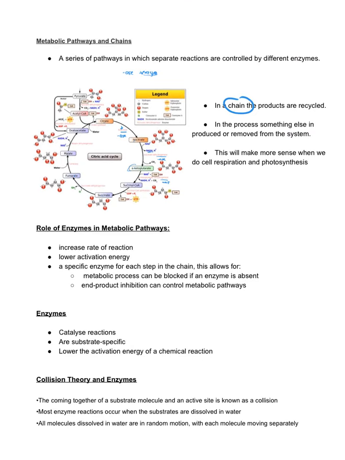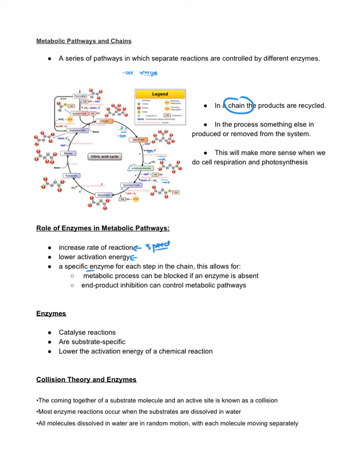Now, what enzymes do is they increase the rate of reaction. What we're talking about there is speed. They do that by lowering something called the activation energy. And basically, why we have specific enzymes for each one is it allows us to control what's being produced.